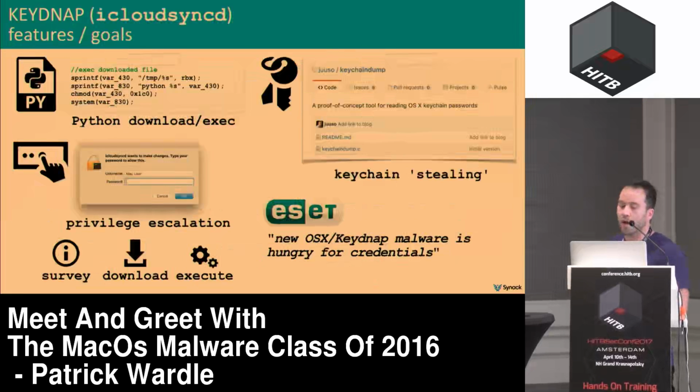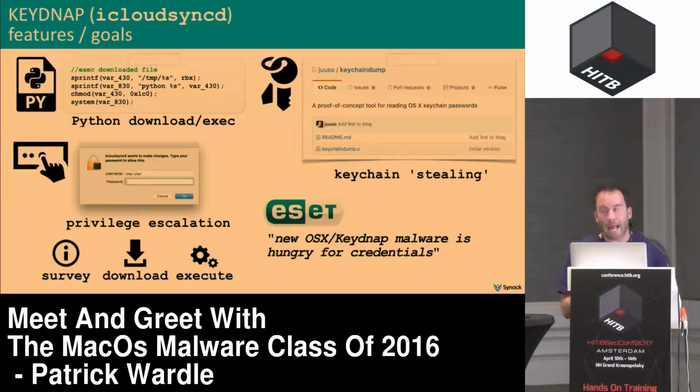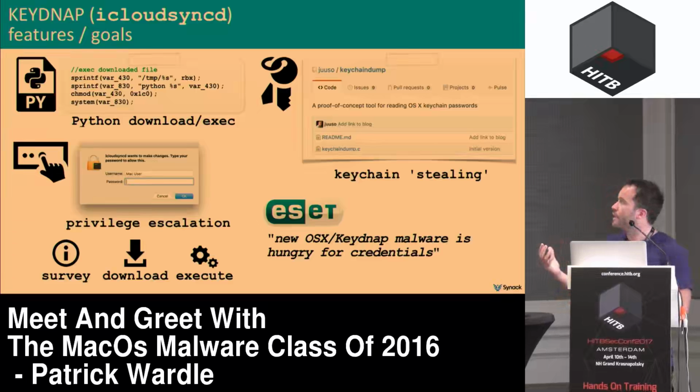The first binary is called iCloud syncd, and this is the main backdoor component of the malware. If we reverse engineer it, we can see what features it has. One neat feature is it can download and execute Python scripts, so that's kind of a cool feature to have in a piece of malware. It also is able to escalate its privileges, although it does it in a very inelegant way.